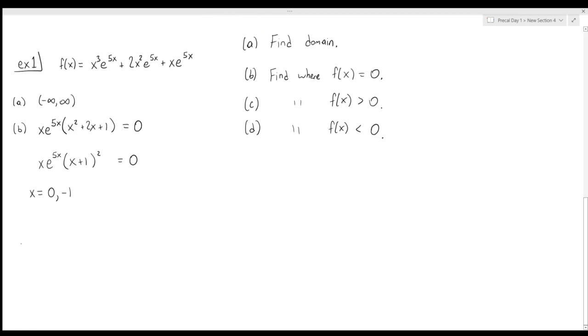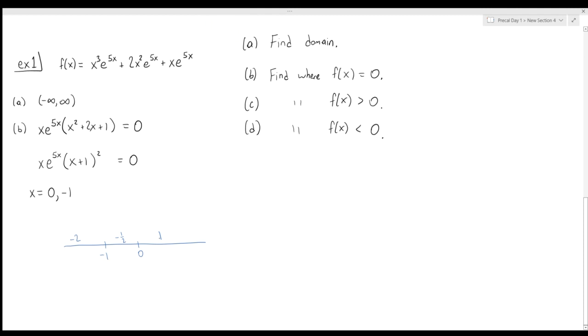So then finally, let's make our sign chart for parts C and D. So we just have -1 and 0. Okay. So let's pick some test points. Okay.